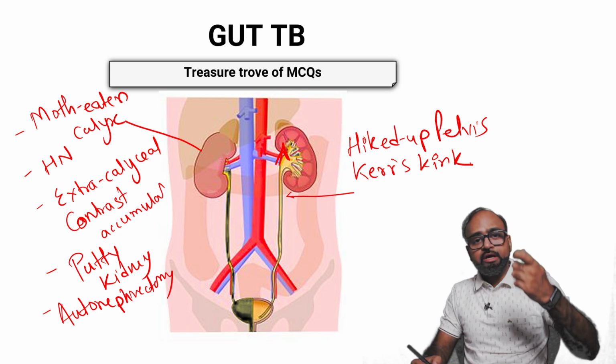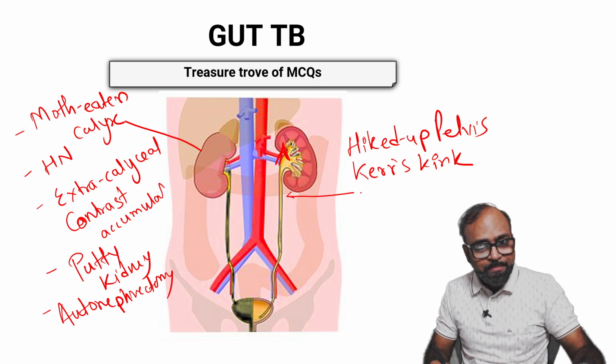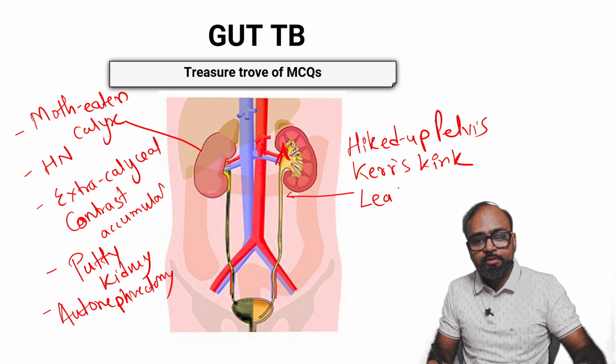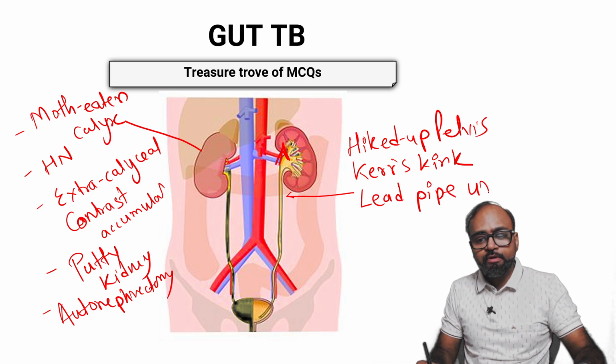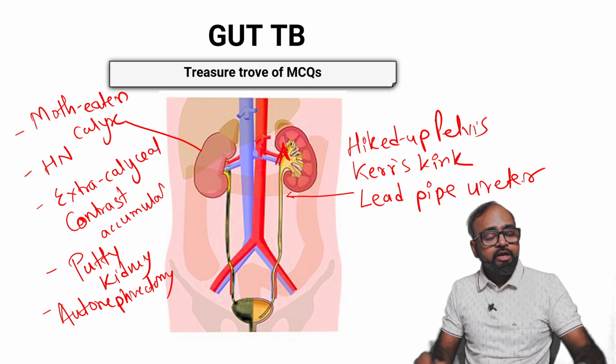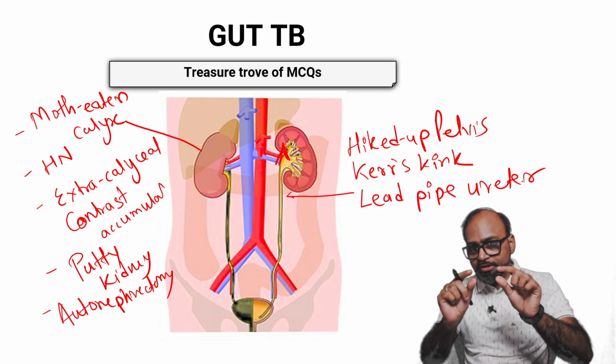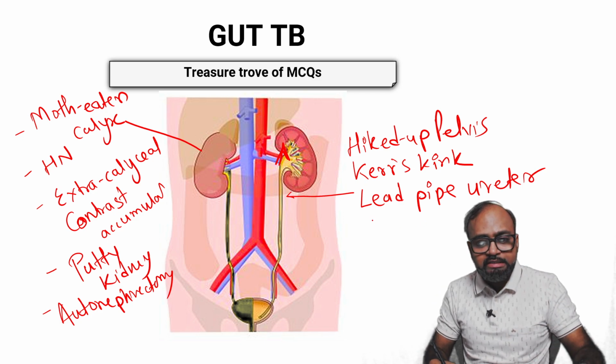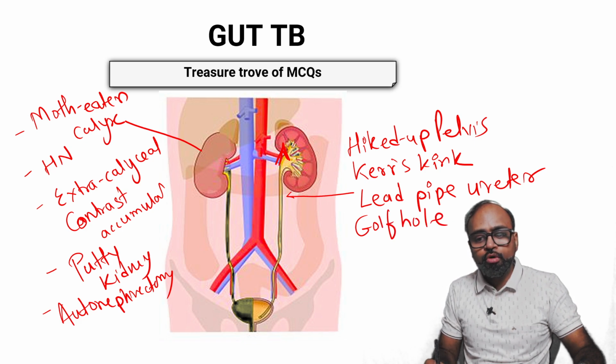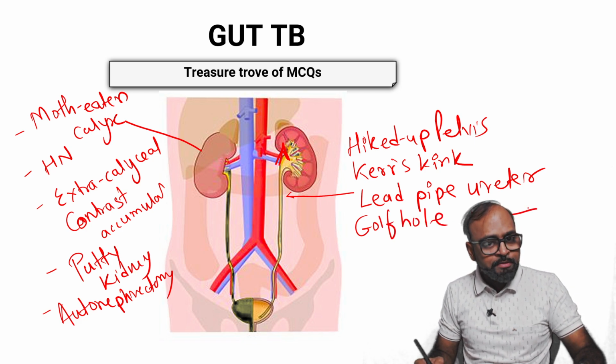The ureter becomes rigid and fibrous, like a lead pipe. This is called a lead pipe ureter, right? You do a cystoscopy, you see that the ureteric orifices are prominently seen, which are called the golf hole ureteric orifices, right?